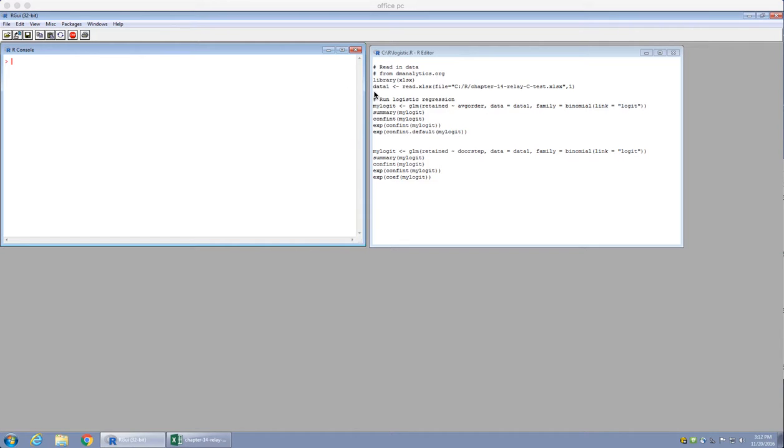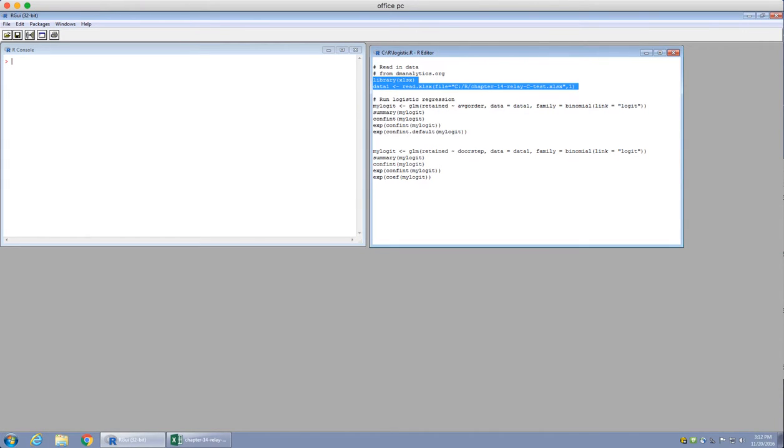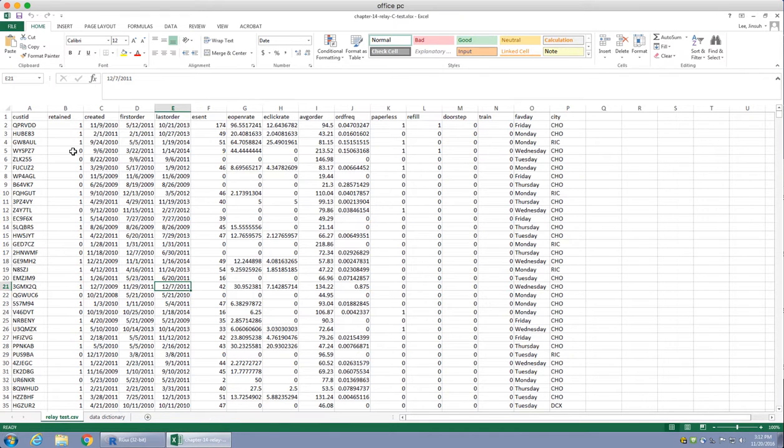Assuming that you have probably downloaded this and read it into R, this is how the data is going to look. It has our dependent variable, retained, meaning whether the customer has been retained or not. There are several different types of independent variables, but for this example we're going to use two.